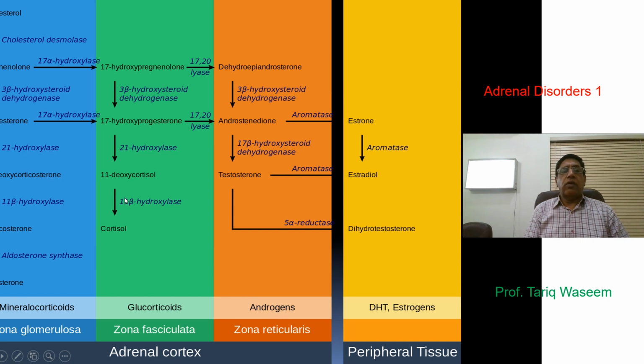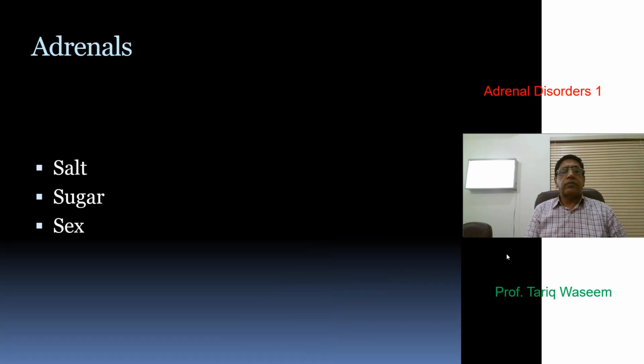And any blockade of any enzyme, we're talking about certain diseases where these enzymes are deficient, and this leads on to an excess of either estrogen, androgen, glucocorticoid, or mineralocorticoid, responsible for a disease or pathologies accordingly.